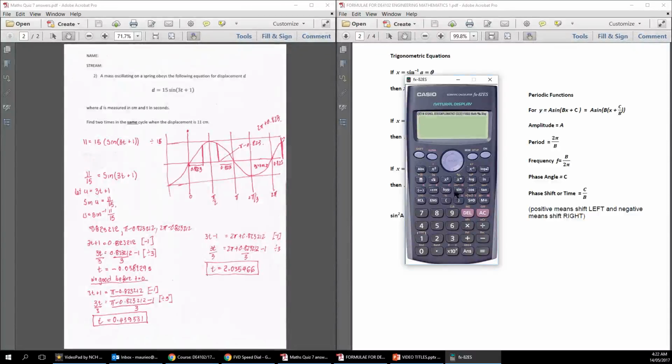So that's shift sine 11 divided by 15, close the brackets, equals, and that will give us 0.823212. Now, that's the value there, 0.823 rounded to 3 decimal places.